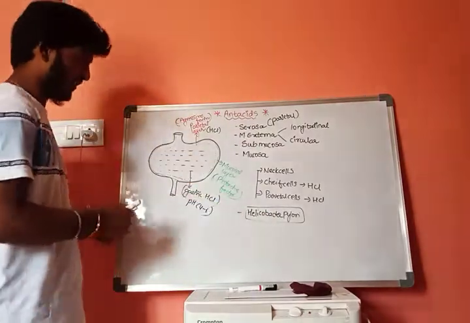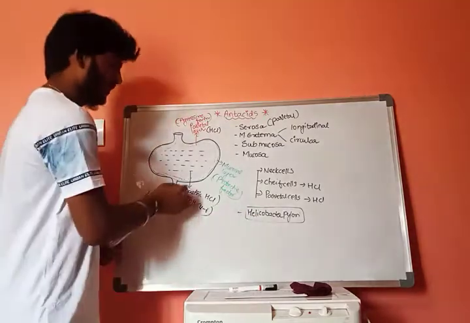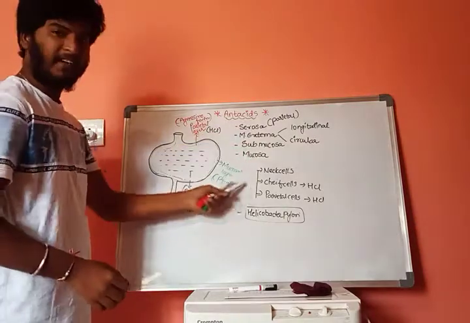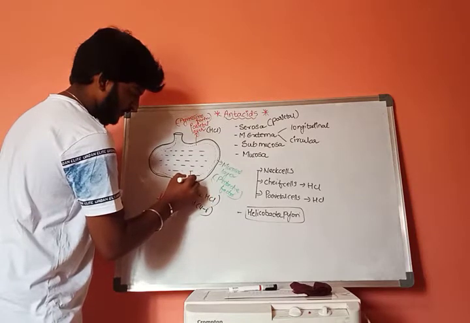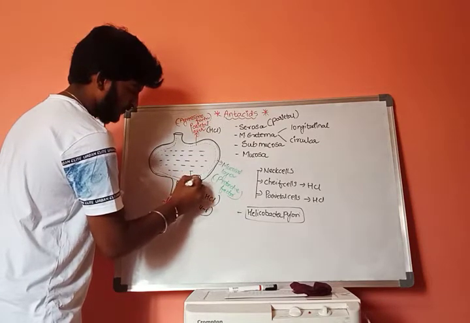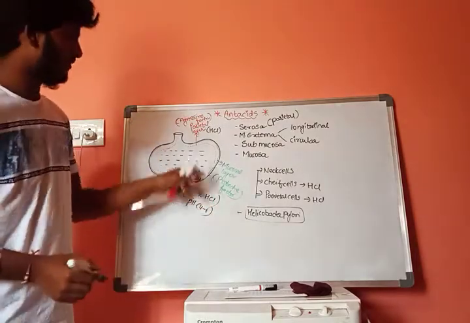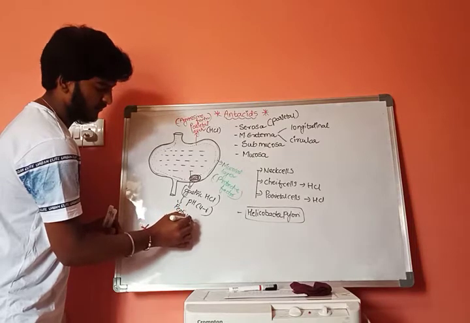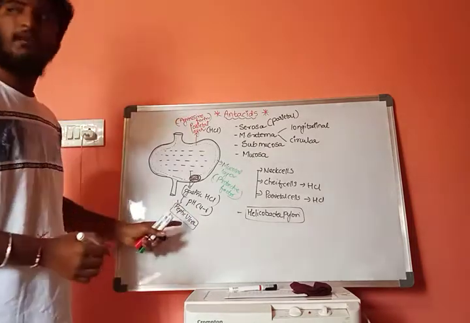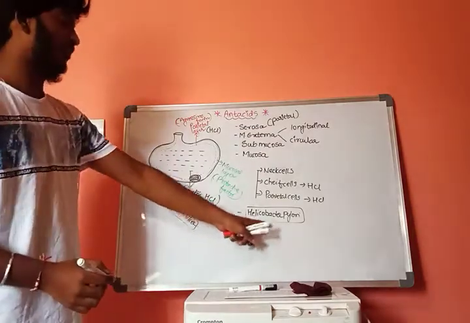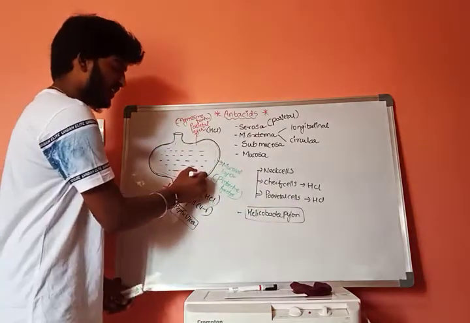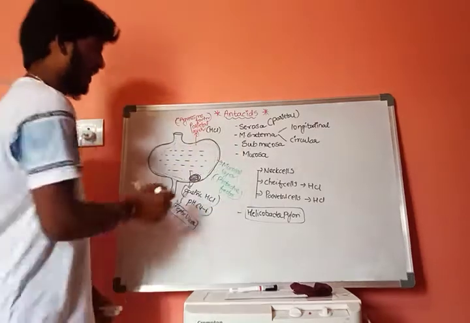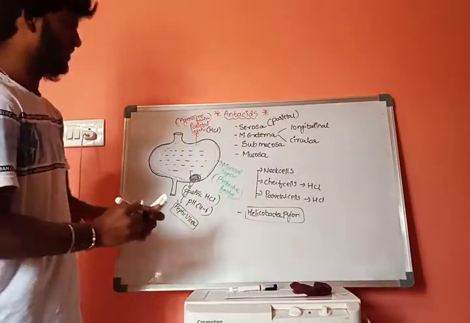Whenever this bacterium enters into our stomach, it will digest the cell walls of the parietal layer and these four different layers. It results in degradation of the layers of the stomach, and it results in the formation of peptic ulcer. This is the function of Helicobacter pylori: when it enters our body, it degrades the layers, that is serosa, muscularis externa, submucosa and mucosa, and results in the formation of peptic ulcer. This is about the bacteria.